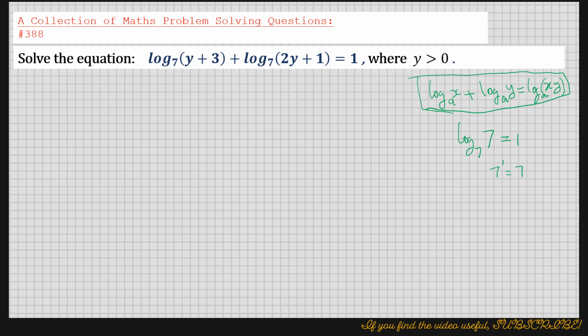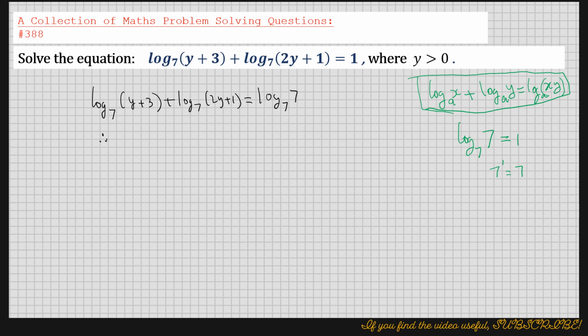So I think this question is very simple now. We'll rewrite the entire equation as log to the base 7 of (y plus 3) plus log to the base 7 of (2y plus 1) equals log to the base 7 of 7.